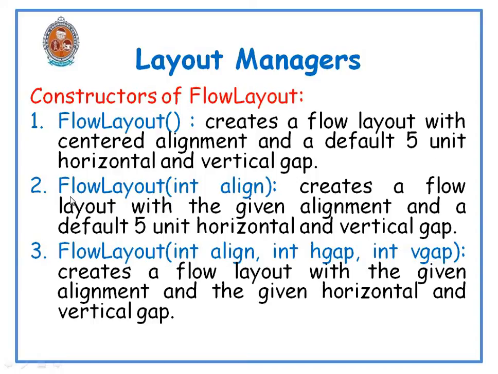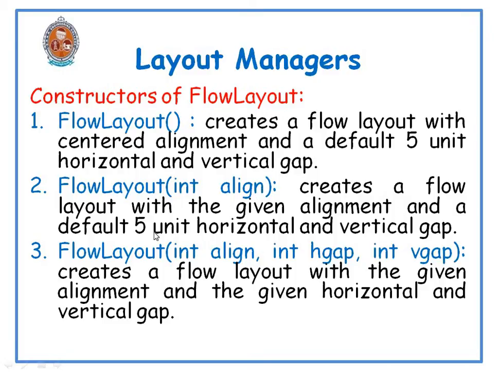Coming to the next constructor, it is having only one parameter. It creates a flow layout with the given alignment. That means here we can specify the alignment either left, right, trailing, leading or center. By default it is center. If we specify the alignment as left, then all the components are arranged from the left onwards in the line.